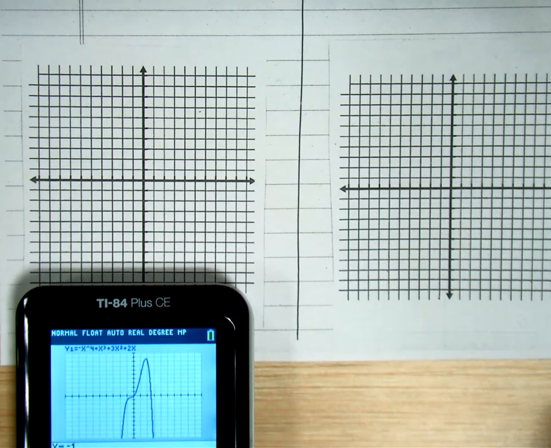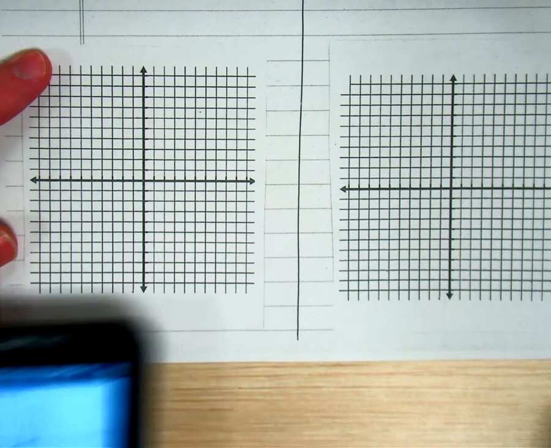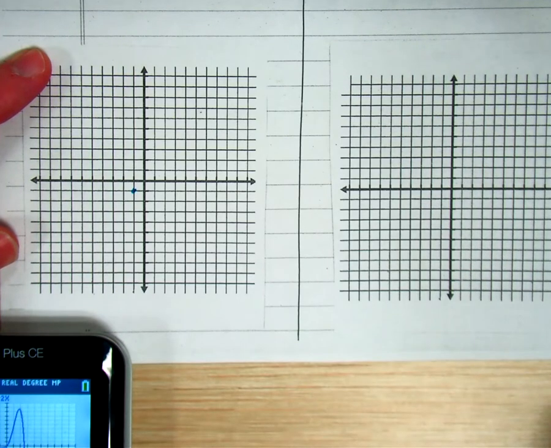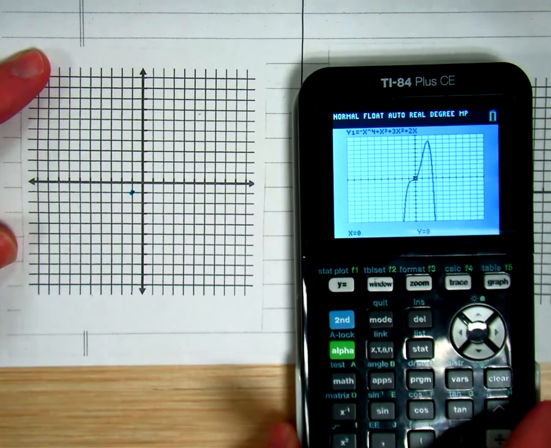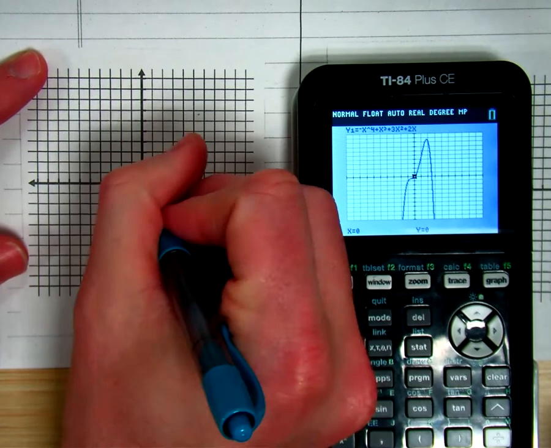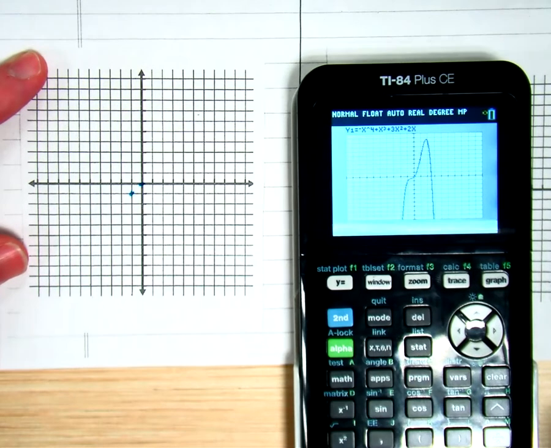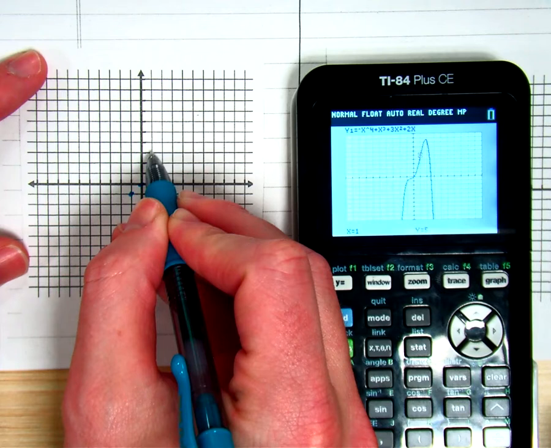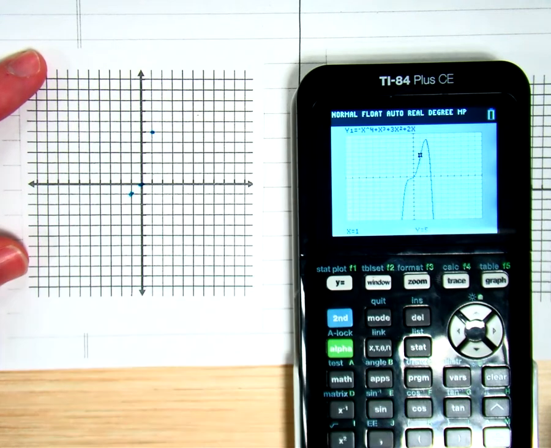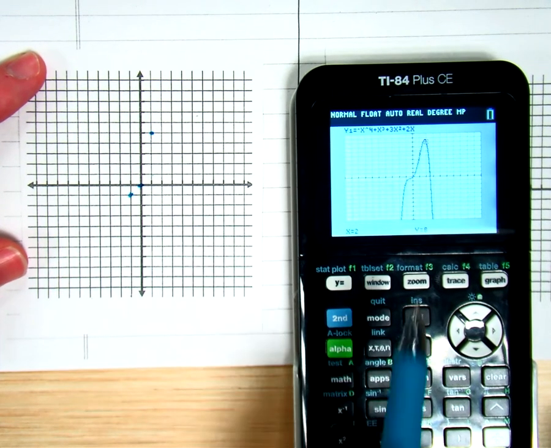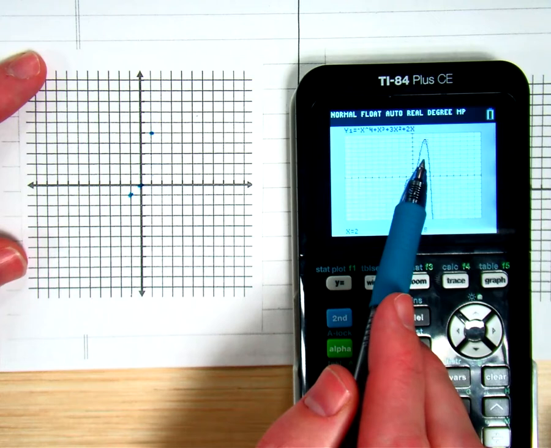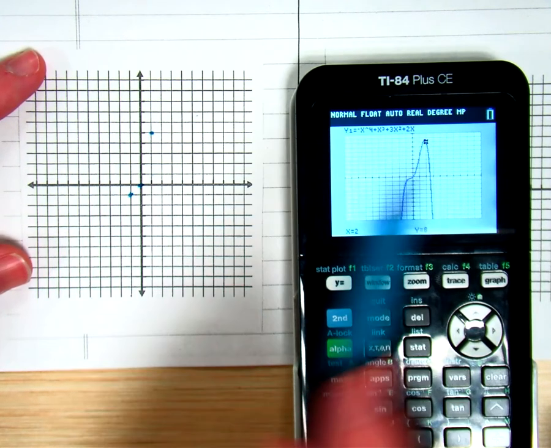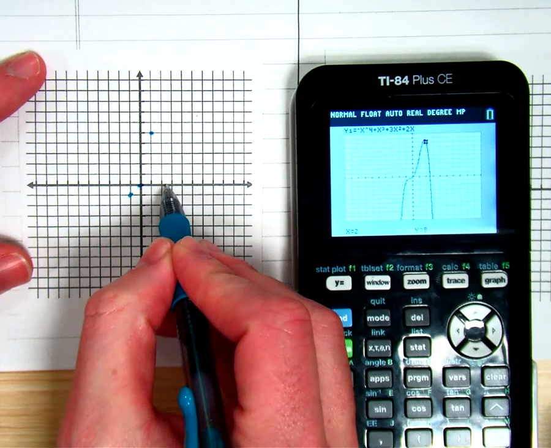Negative 1, enter, negative 1, negative 1, excuse me, 0, enter, 0 is going to be at 0, 0. 1, enter, 1 is going to be at 1, 5. 2, enter, 2 is at 2, 8, and you can kind of see that that is not quite the highest point. We're just past the tip of the mountain there. So we're going to have to go back and find what that high point is.